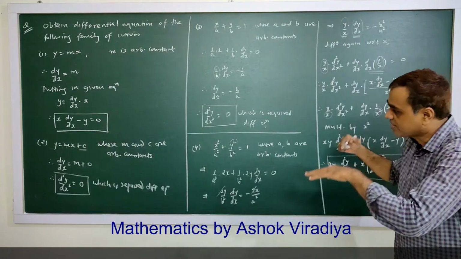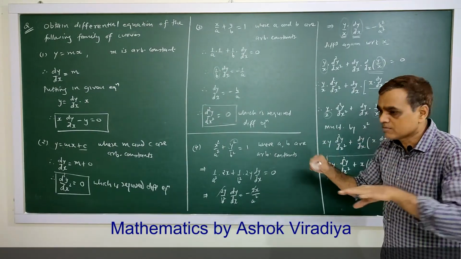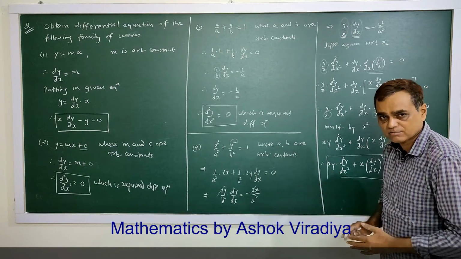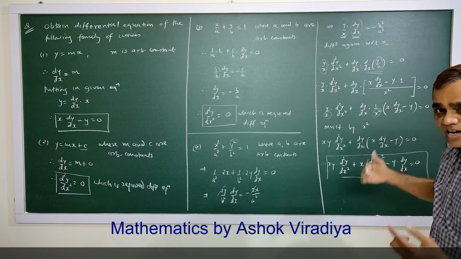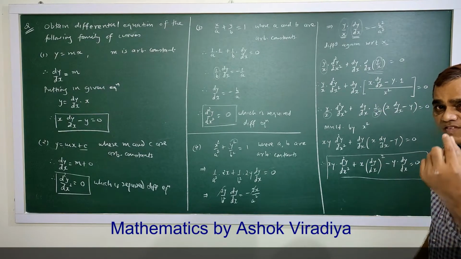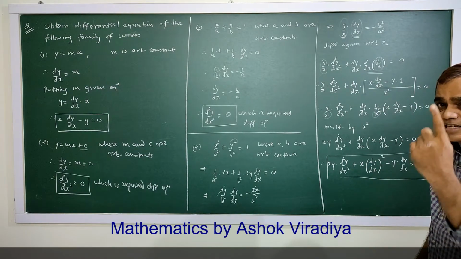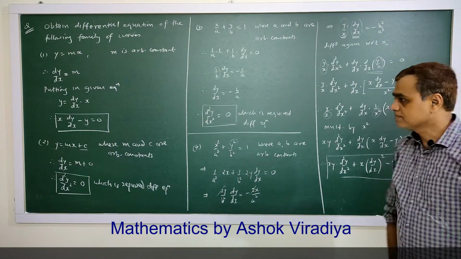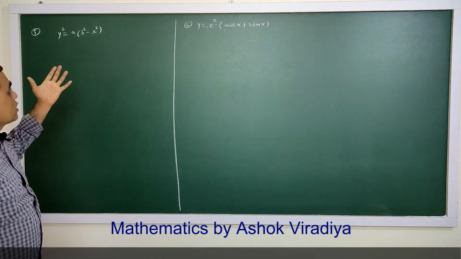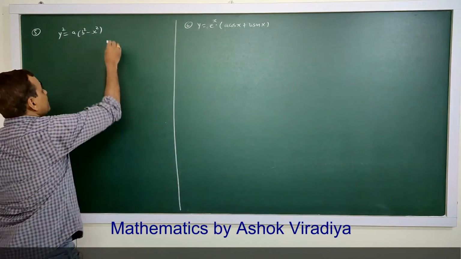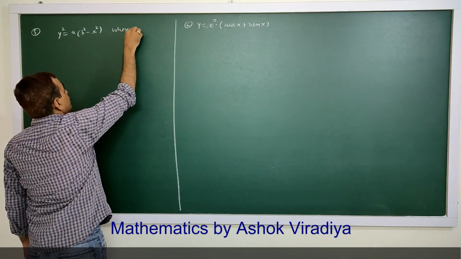So in this method we are doing nothing but differentiation, but doing it in such a way that elimination of the arbitrary constants is necessary. Now y square is a into b square minus x square, where a and b are arbitrary constants.